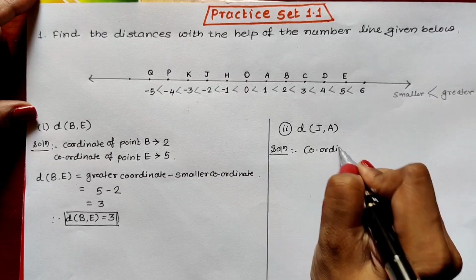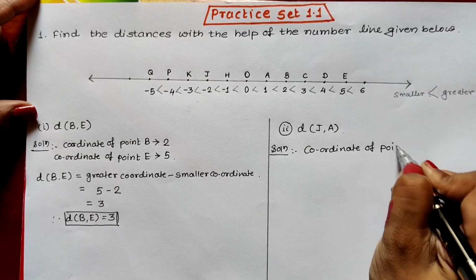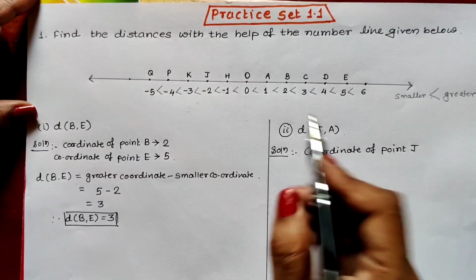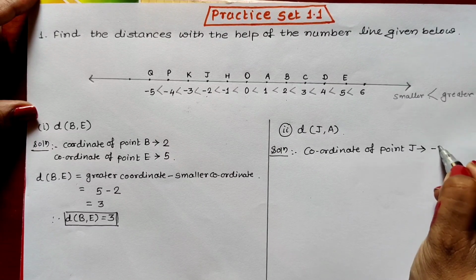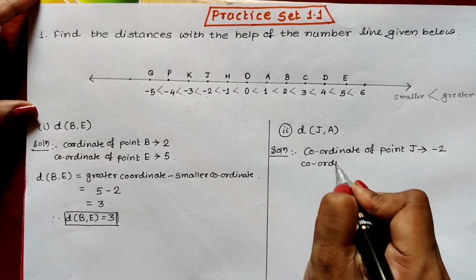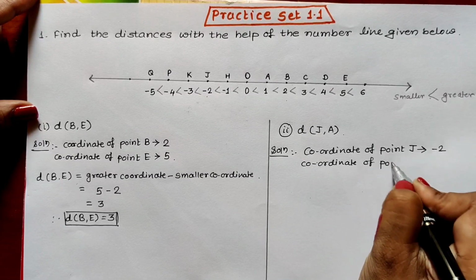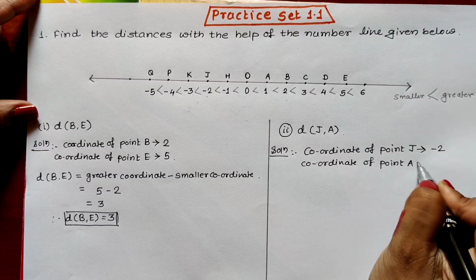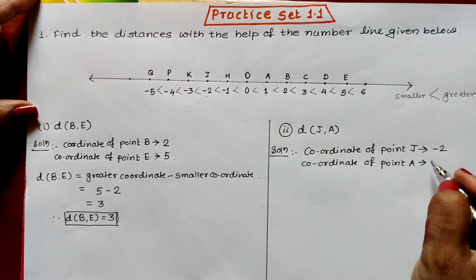Coordinate of point J. What is the coordinate of point J? Here we can see it is minus 2. And coordinate of point A is, here it is A and its coordinate is 1, we can see.